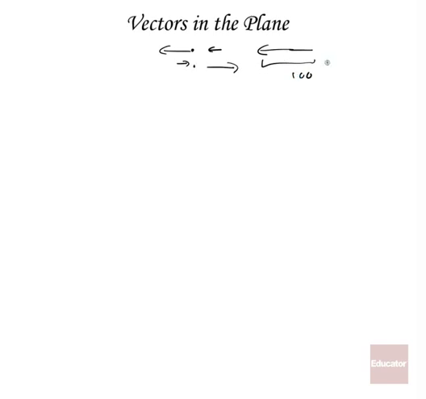If it were the other way, it's a vector whose magnitude is still 100, but it's in this direction, and these are two very different vectors because they have different directions even though their magnitude is the same. So that's a qualitative description of what a vector is.